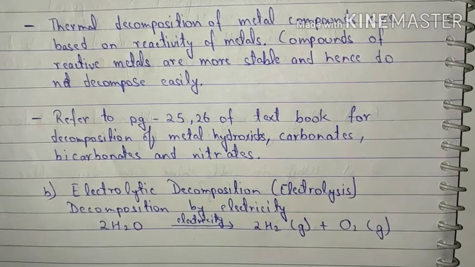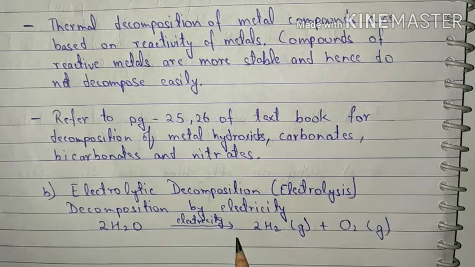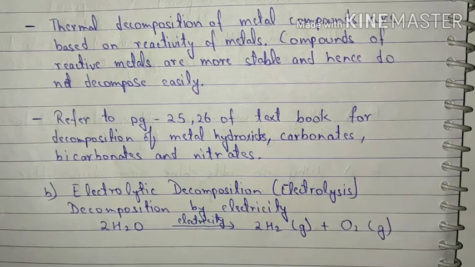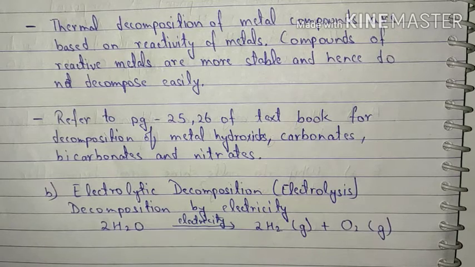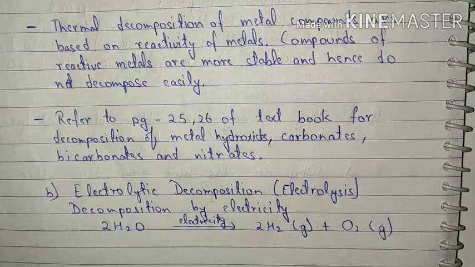When a small amount of electrolyte is added in water and electricity is passed through it, we observe release of hydrogen and oxygen gases, respectively at the cathode and anode.